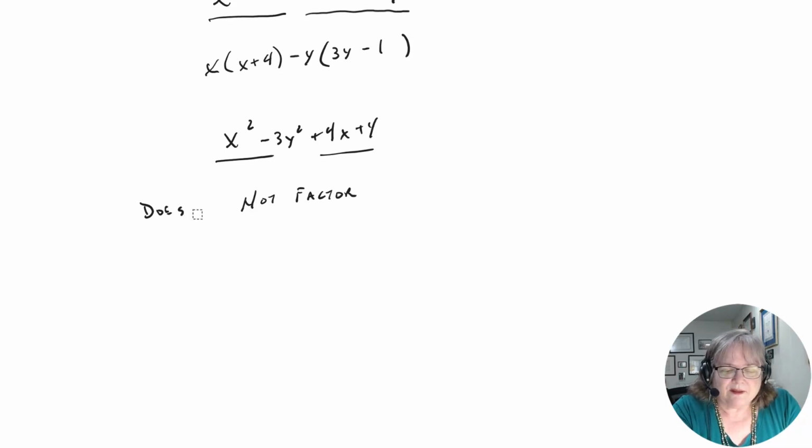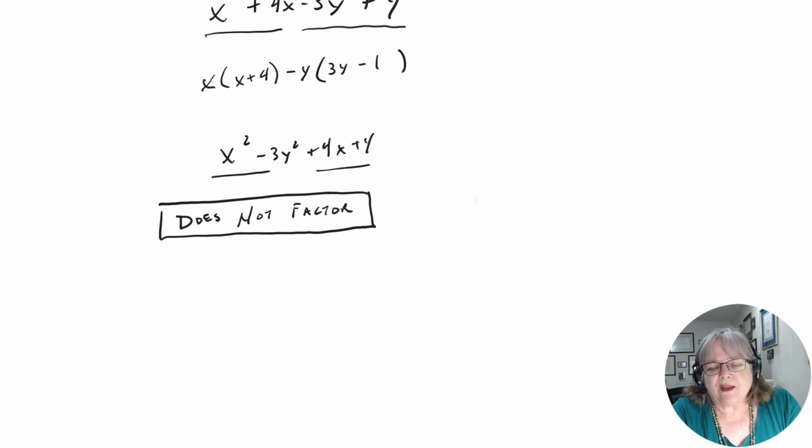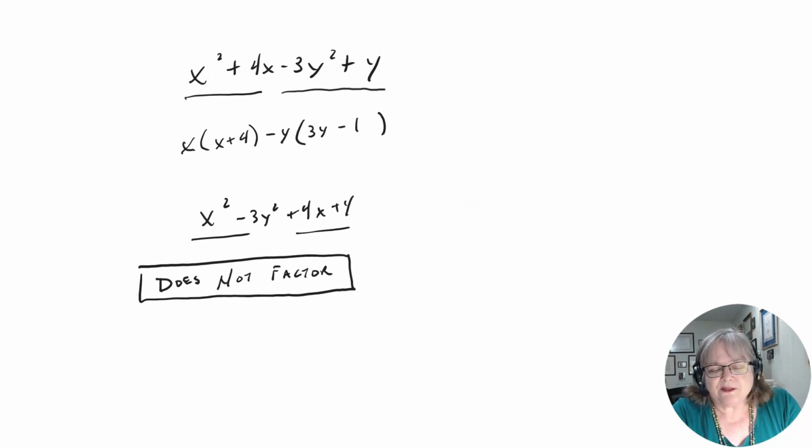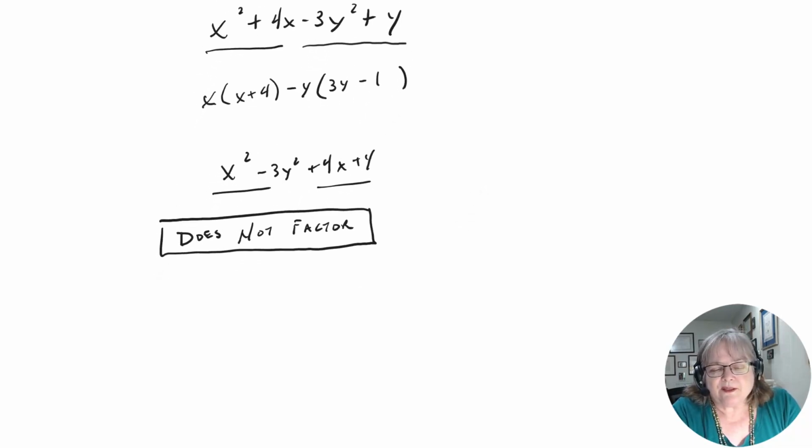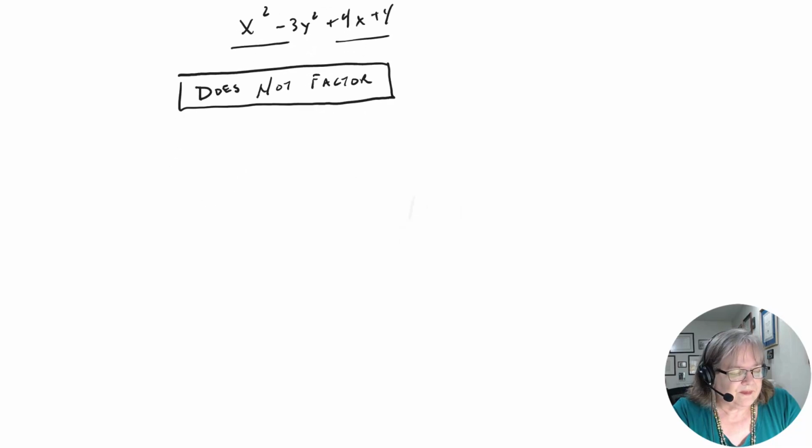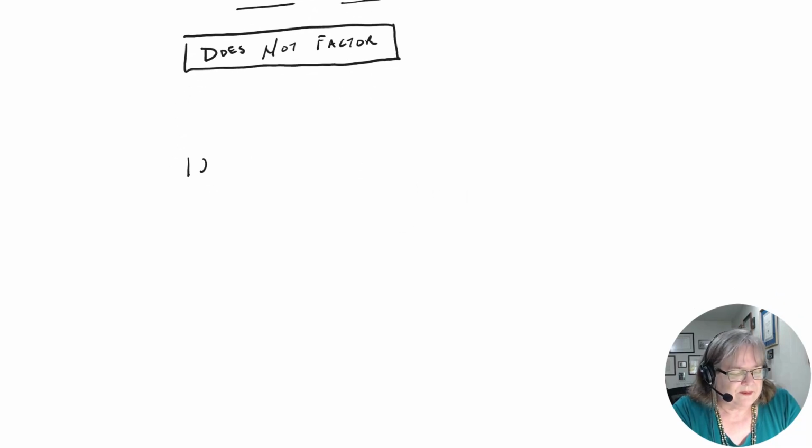And how do you know for sure? You don't really know absolutely positively for sure with these. You just check everything you can and all sorts of different combinations. And when it doesn't get to where you have anything in common right here, then you say, well, okay, I guess it doesn't factor. Let's try this one.